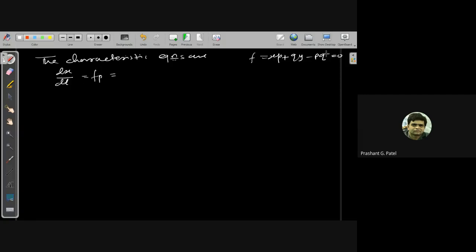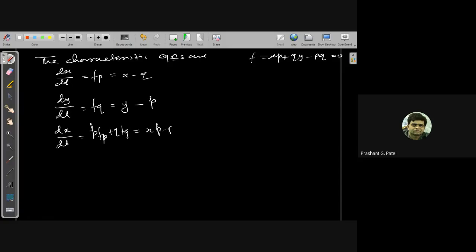So the derivative of this with respect to p will give me x minus q, dy by dt, that is fq, that will give me y minus p, dz by dt will be pfp plus qfq, so that will give me xp minus pq plus yq minus pq. So as we already have xp plus yq minus pq is 0, this will lead to minus pq.